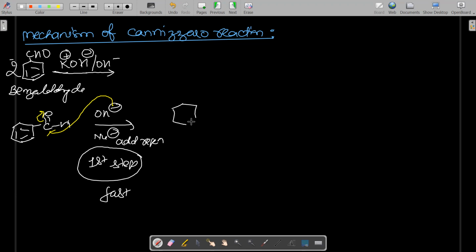Just like in a nucleophilic addition reaction, we get the product with O minus, H, and OH attached to this carbonyl carbon. So this is called hydroxy alkoxide. OH is there, so this is called hydroxy, and O negative is called alkoxide.